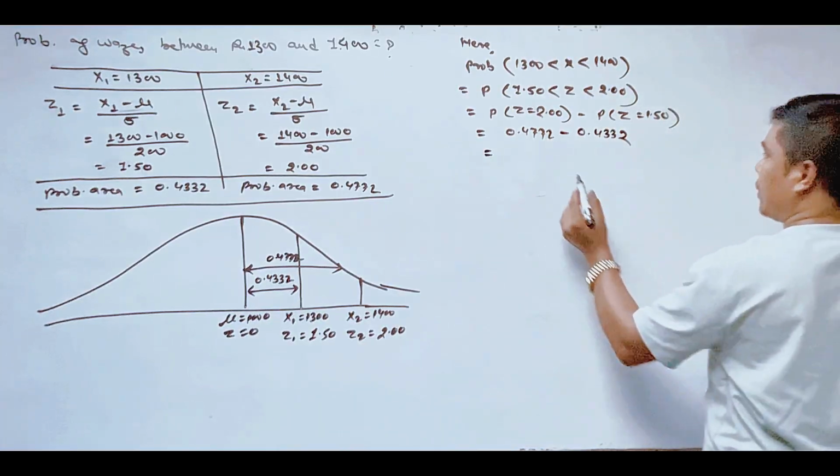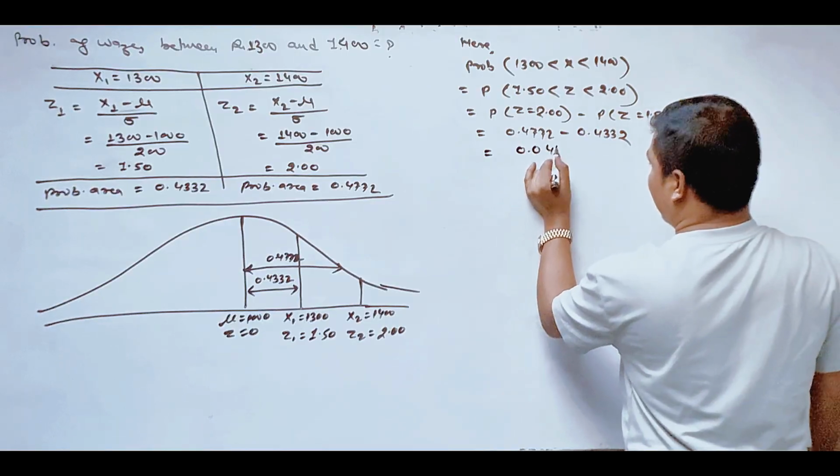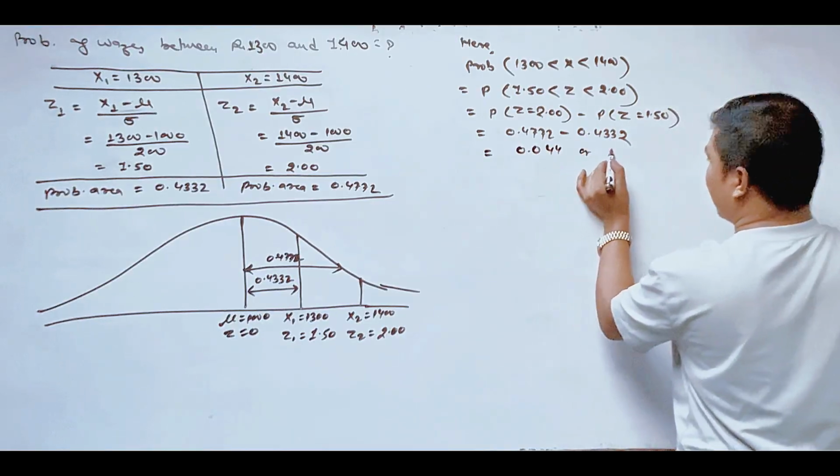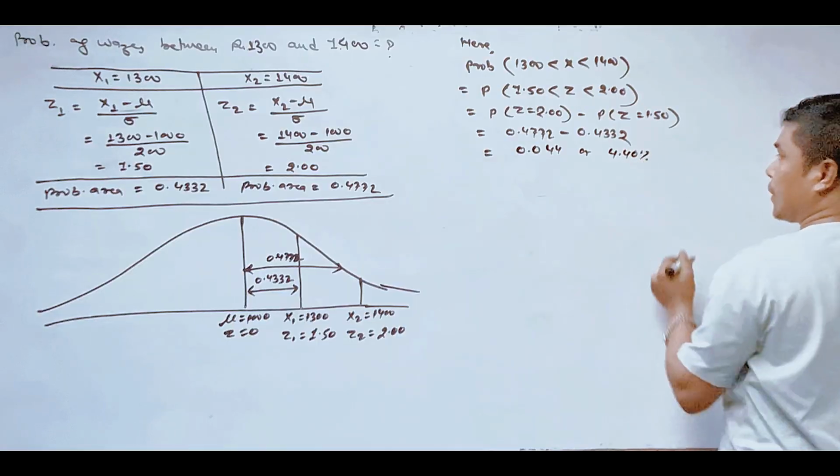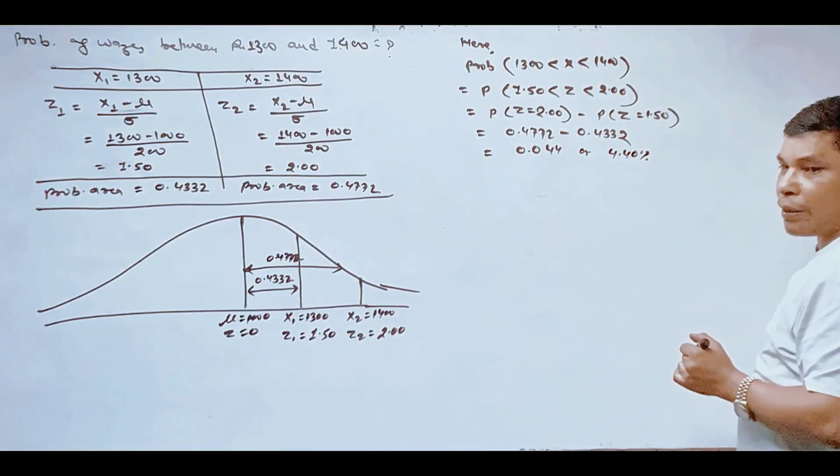The result is 0.044, or 4.40%, is the chance of getting wages between 1300 and 1400.